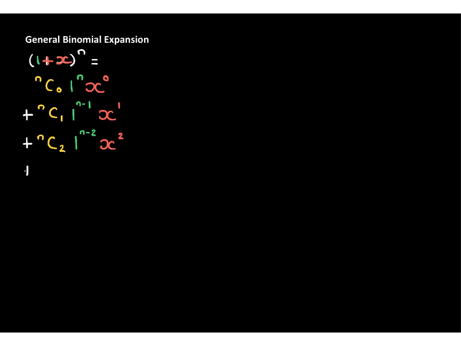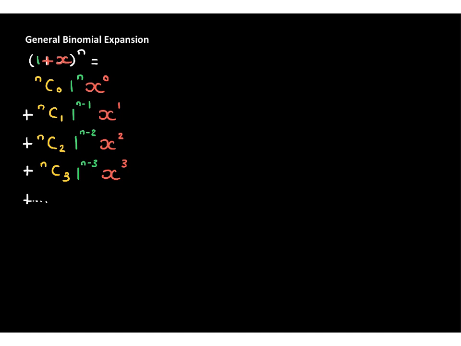Let's do another one. The next term would be n choose 3 multiplied by 1 to the power of n minus 3 multiplied by x cubed, and so on until you complete your expansion. But we can simplify these terms.